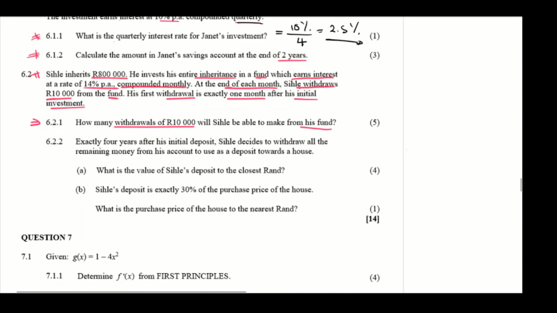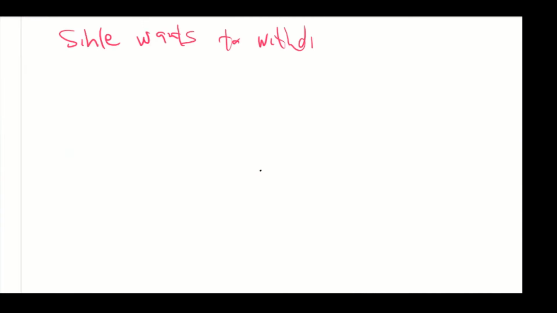What we are told here is that Sihle wants to withdraw all the money in 4 years' time.